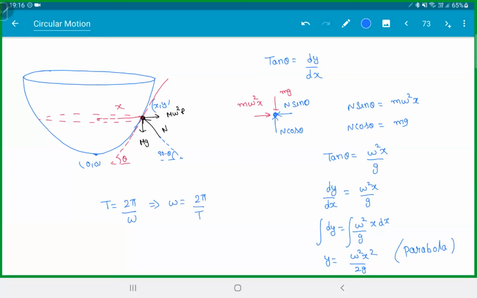So say a civil engineer or architect accidentally constructed a parabolic track. If you make a parabolic track, it doesn't matter how fast you go. The parabola will be along the x-axis. Meaning, y is equal to x square, right? This is this parabola. That is, x square is equal to y.